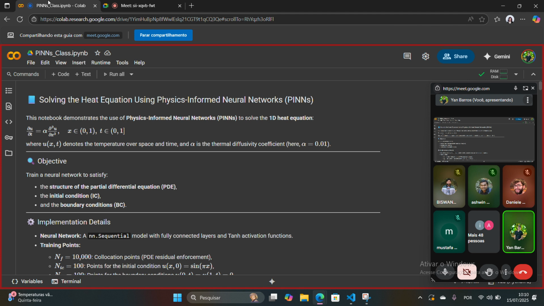But all right, just remembering what we talked about in the last classes. The physics-informed neural network concept is that we have a neural network which can be any kind of architecture. There are some papers using MLPs, some using LSTMs, and some using neural operators.